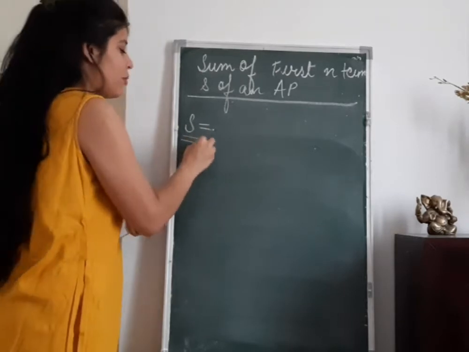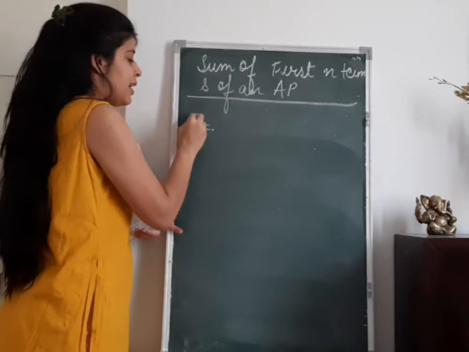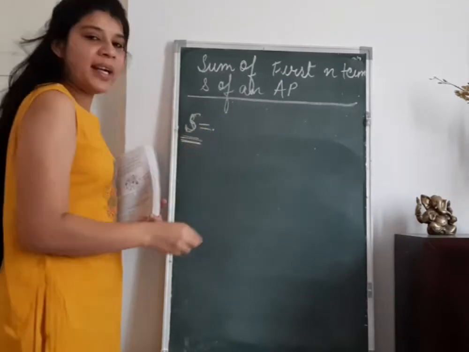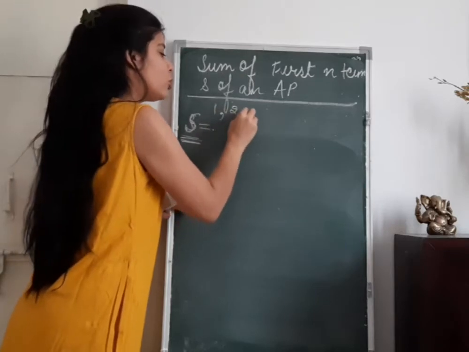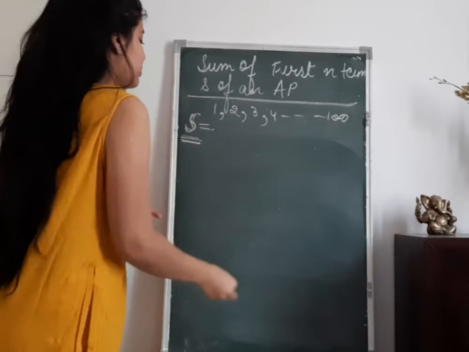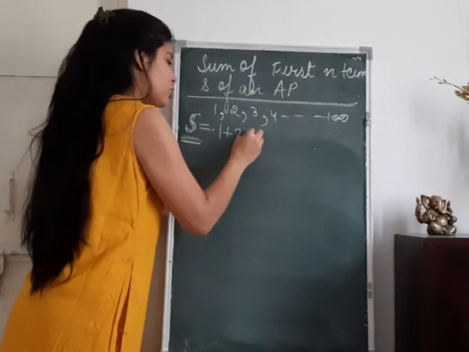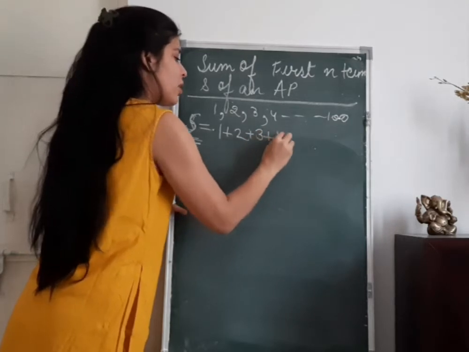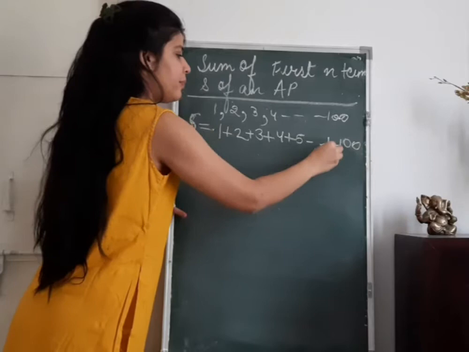Okay, so let us see that there is an arithmetic progression. S is sum of that arithmetic progression. So wherever I am writing S, that means sum of that arithmetic progression. Let there be an AP 1, 2, 3, 4 till 100. Then sum for this AP will be what? 1 plus 2 plus 3 plus 4 plus 5, and this will go on till 100.